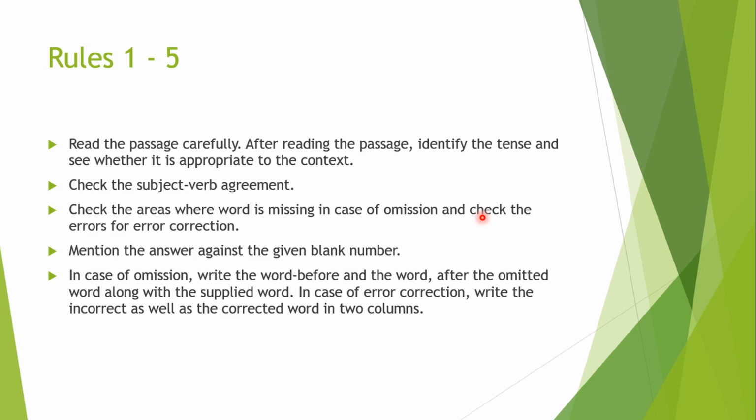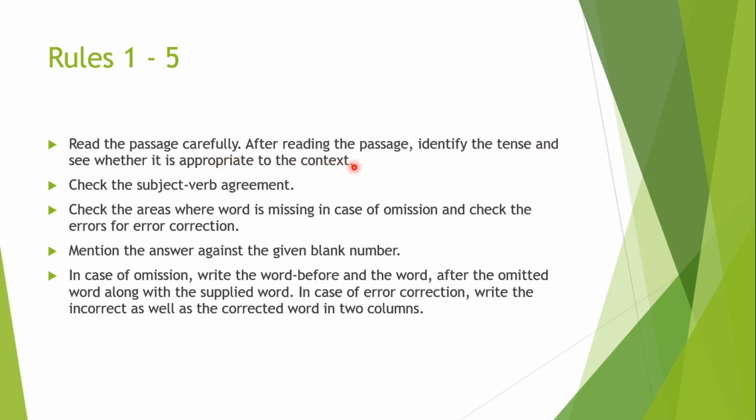Now see the rules of how to edit and how to find the omission in the given passage or paragraph. First, you will have to go through the passage carefully, means read the passage carefully, and after reading the passage, identify the tense and see whether it is appropriate to the context.